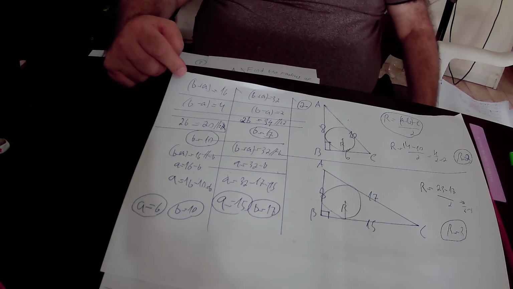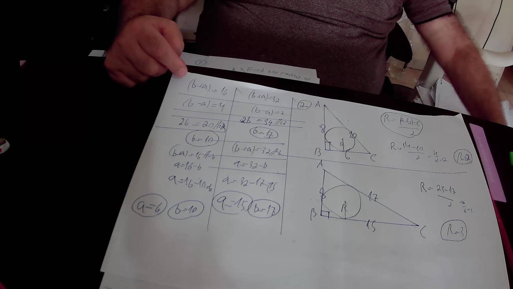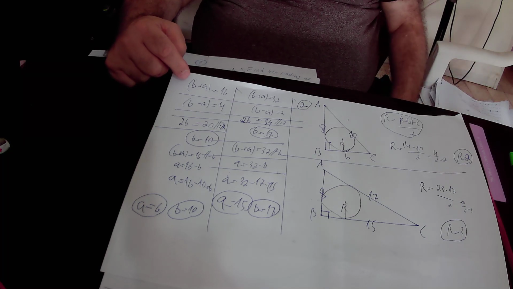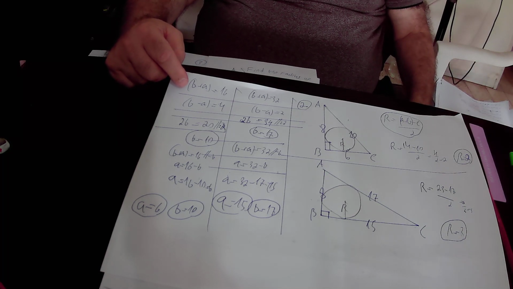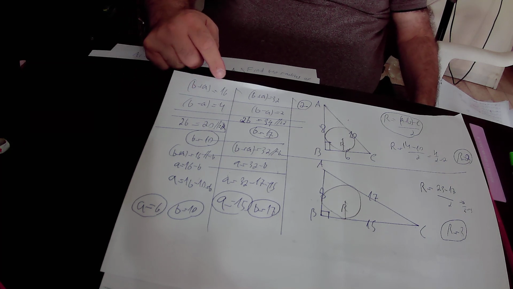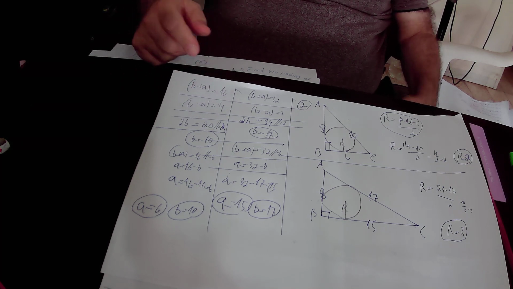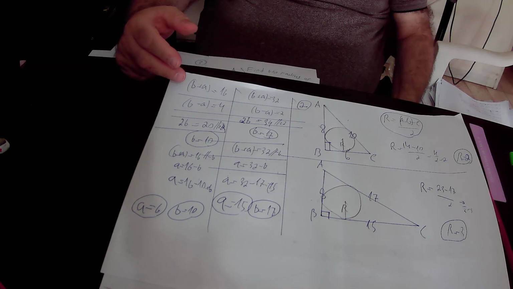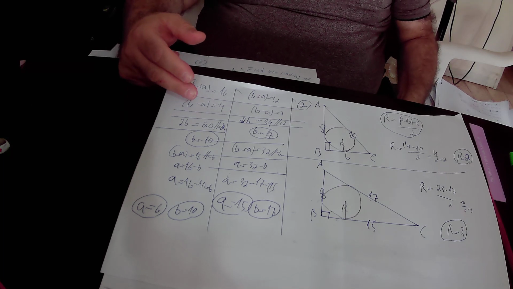We will focus on the first solution, first option, b plus a plus b minus a. We will add the two equations together. Here b plus b is 2b and a minus a is 0. On the other side of the equation we have 16 plus 4, that is 20. So in conclusion, we found out that 2b equals 20.